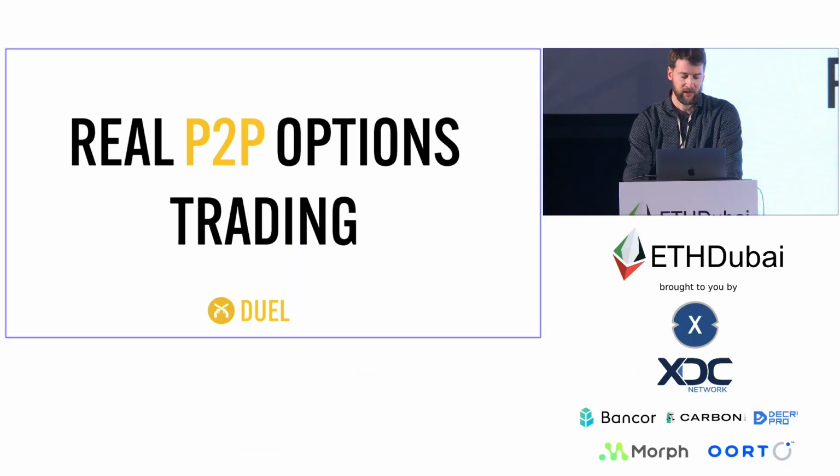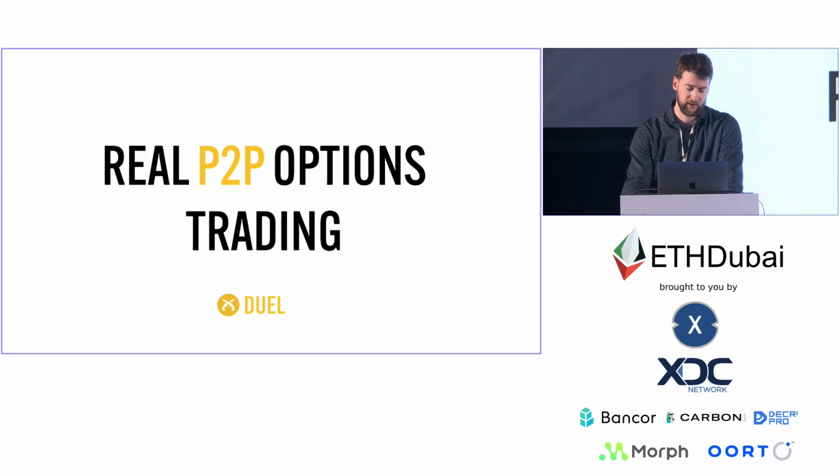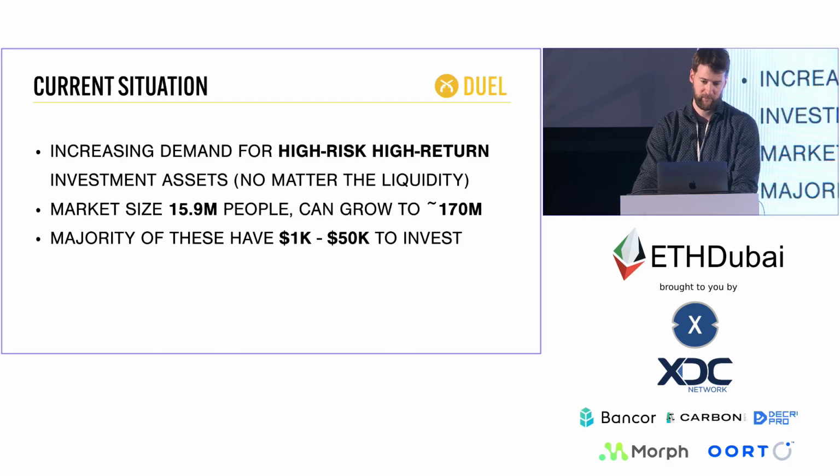Currently, there is a rising demand for high-risk and high-return investments, especially options. In classical stock markets, it's seen all over the place, and in crypto, we identified 16 million people that could, and the market could grow up to 170 million people.